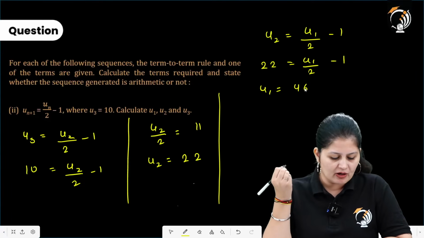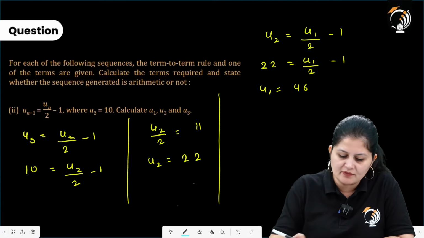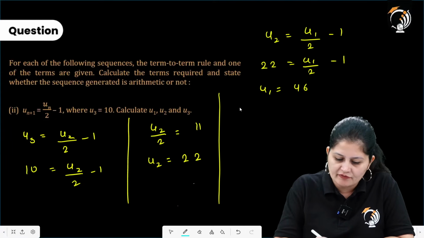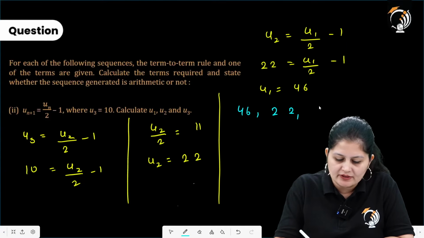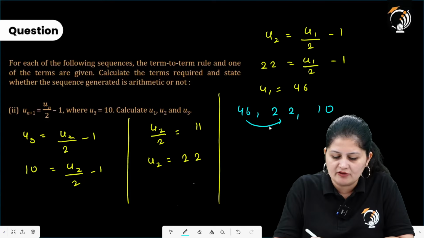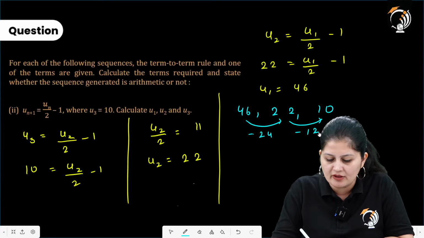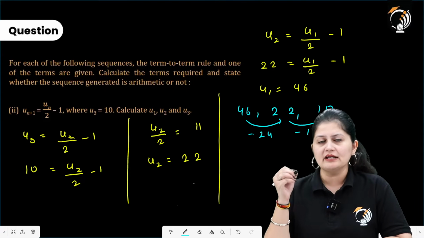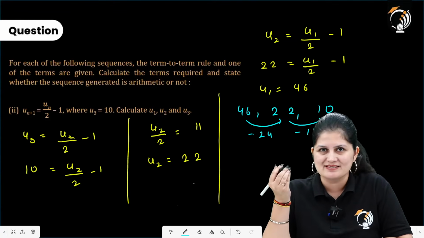Here we can observe that in this particular sequence the terms go as: the first term is 46, the next term is 22, the next term is 10. The common difference here is minus 24, and here it is minus 12. So clearly, when the common difference is not the same, it is not an arithmetic sequence. Understood?